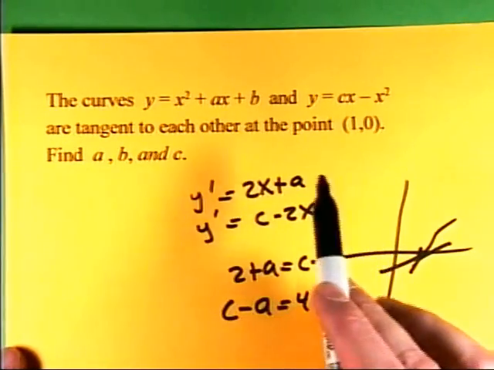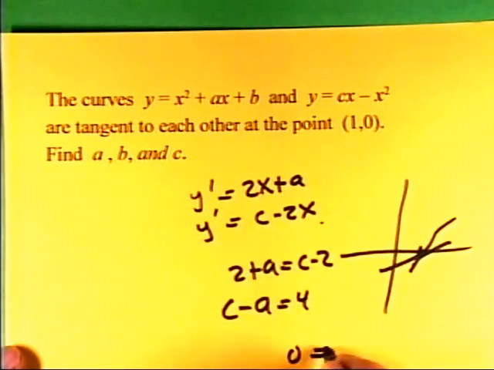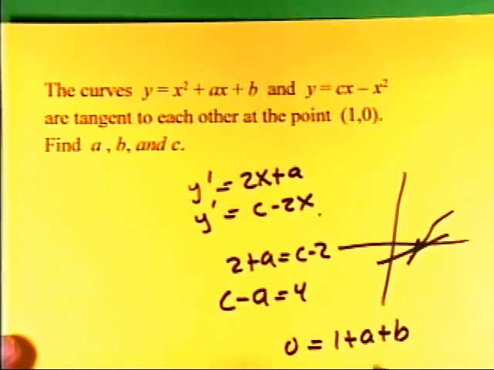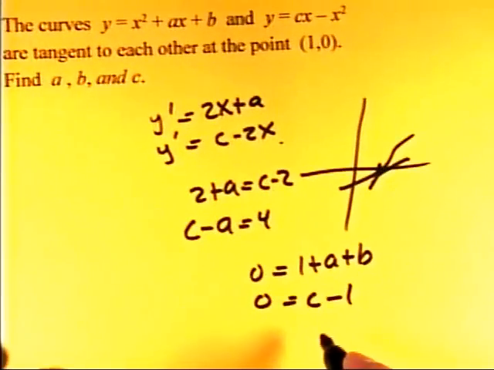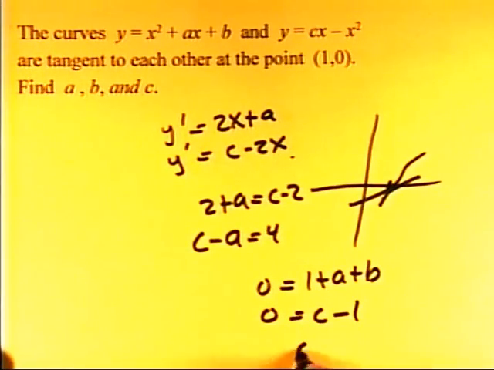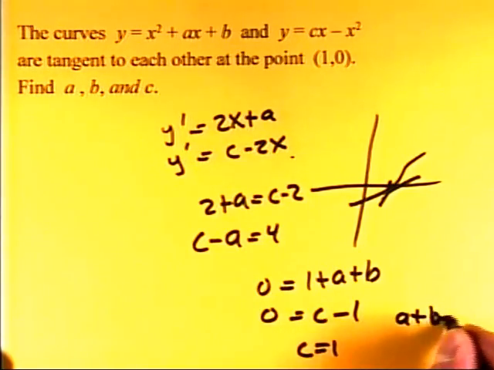So if you plug in 1, you plug in C, so you got 0 is equal. You're going to take each original equation and plug in the point with the value 1, 0. I'm doing it for you. You told me what to do. Okay. So we got C is equal to 1. And then you're just going to do some substitution. We got A plus B is equal to -1.